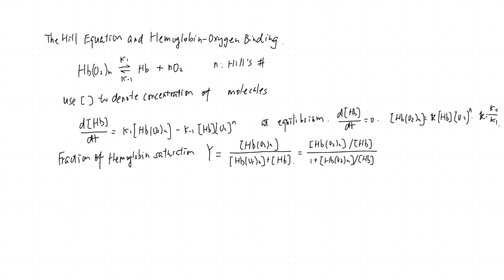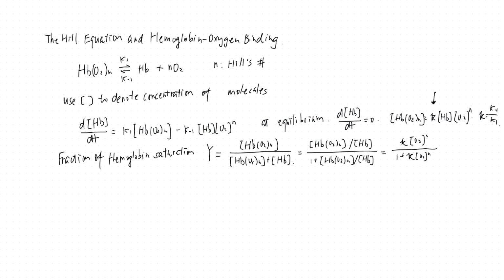Now if you use this relation, you can get the ratio, so you are left with kappa, the concentration of O2 to the power of n, over 1 plus kappa, the concentration of oxygen to the power of n.